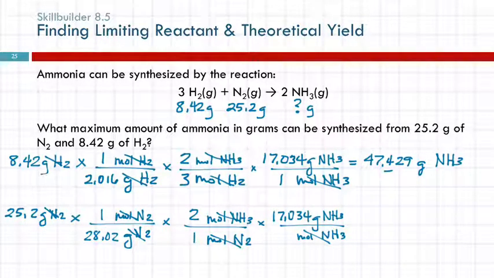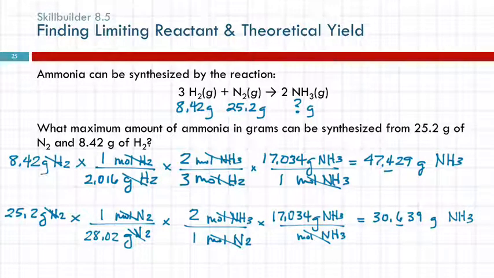So then we just do the math. 25.2 divided by 28.02 times 2 times 17.034. And this equals 30.639 grams of NH3.